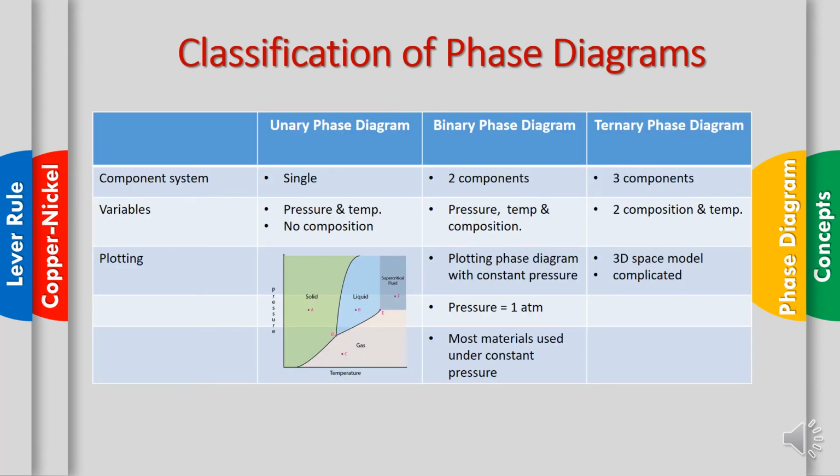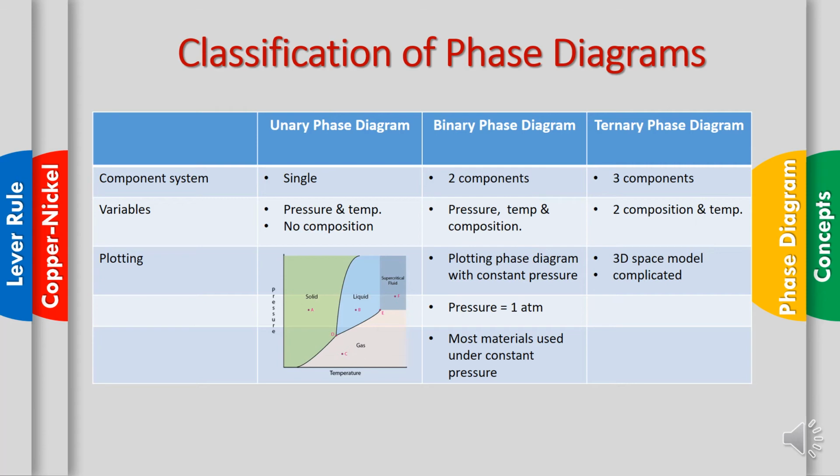To differentiate between the three of them: basically for the component system, we have single, two component, and three component. And then for the variables, the unary phase diagram only covers pressure and temperature.